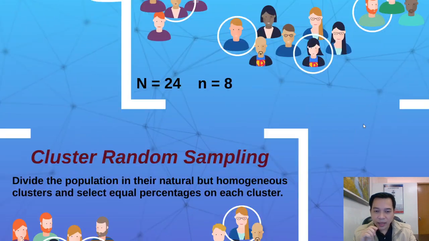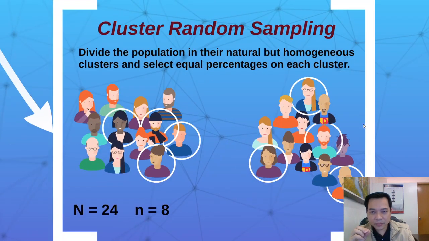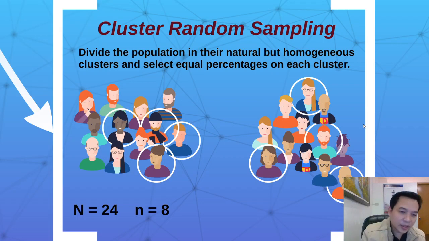Okay? And there's also a related random sampling to this. The fourth one will be the cluster random sampling. These are divisions or groups that are natural but not necessarily homogeneous. So in terms of cluster random sampling, there's, for example, the cluster of those who are European and the cluster coming from Asia, and then you can have equal selection from each of these clusters.